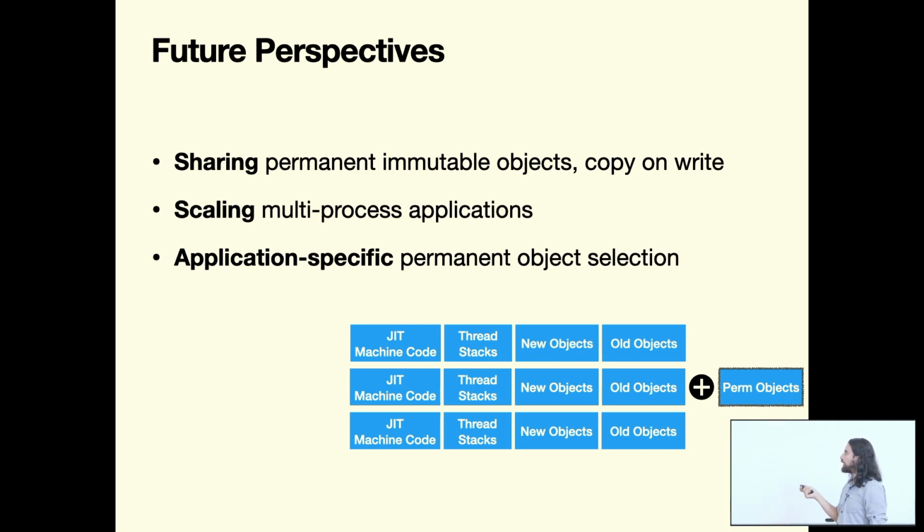They will take less space in memory, less space on disk, and they will also make the loading of the images faster, because they will be loaded only once. So the idea is to share all these kinds of immutable objects, and if you need to change them, we do a copy of the heap or this segment on write. The idea is to be able to scale multiprocess applications and to do even application-specific permanent object selection.